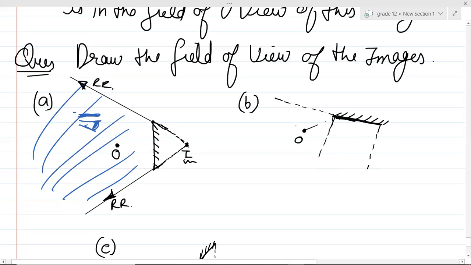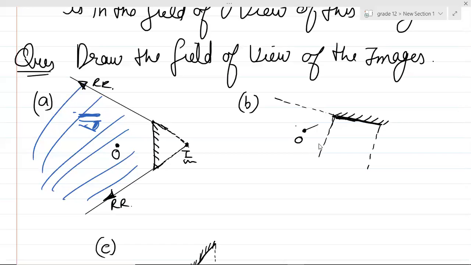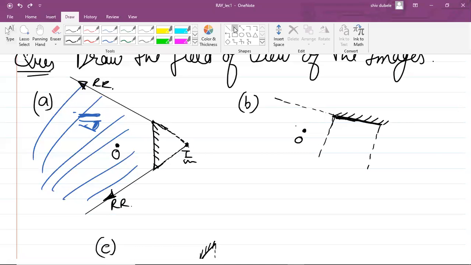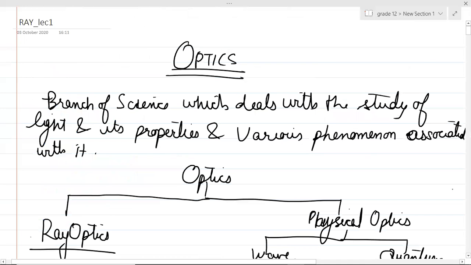See how? If I try to draw one ray like this, and one ray like this, can you see? Not like that. Yeah, we can see stuff that's not in front of the mirror in the mirror. Image will be formed, but whether it is seen or not is a different matter.